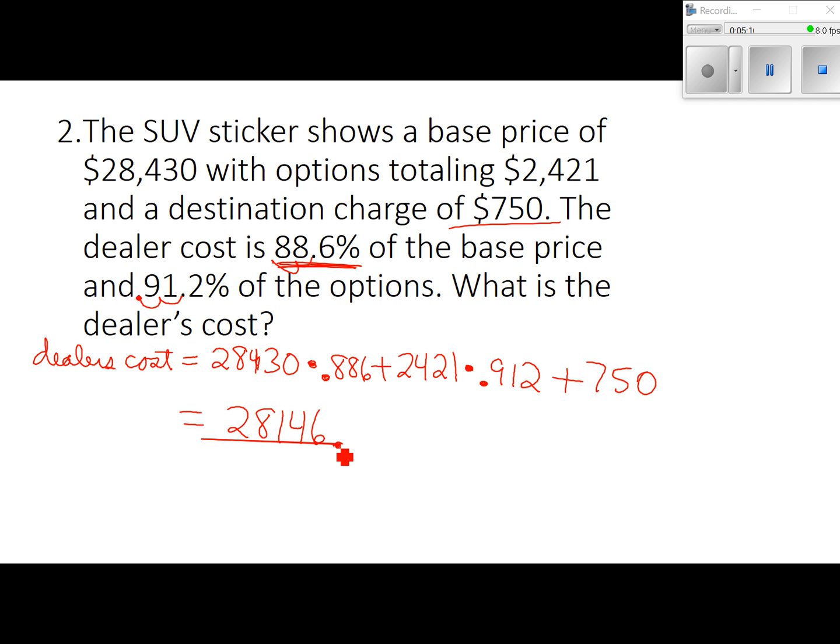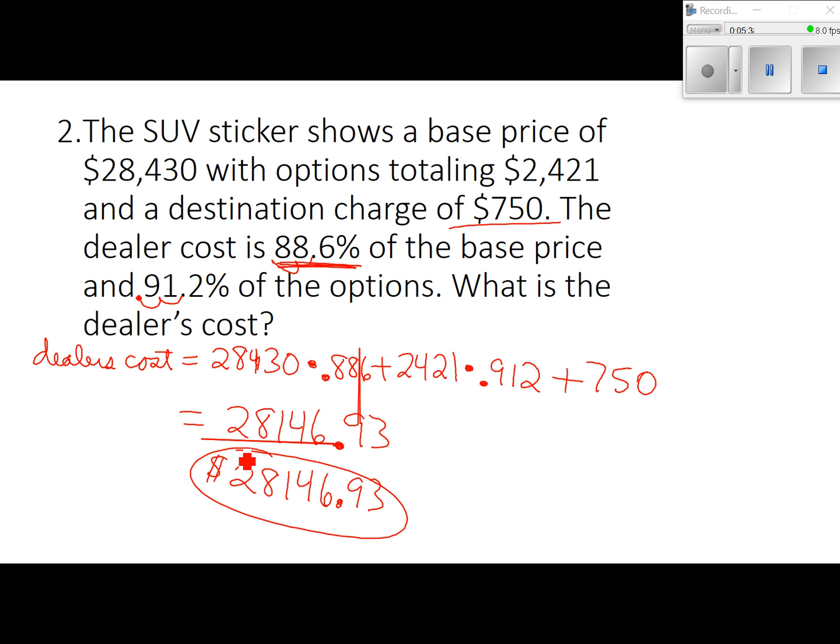It rounds off to $28,146.93. That's the dealer's cost.